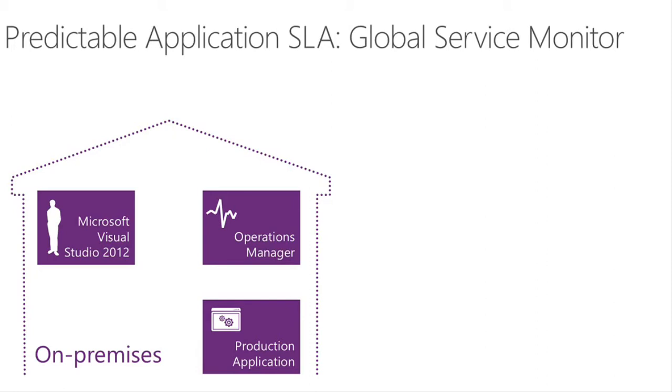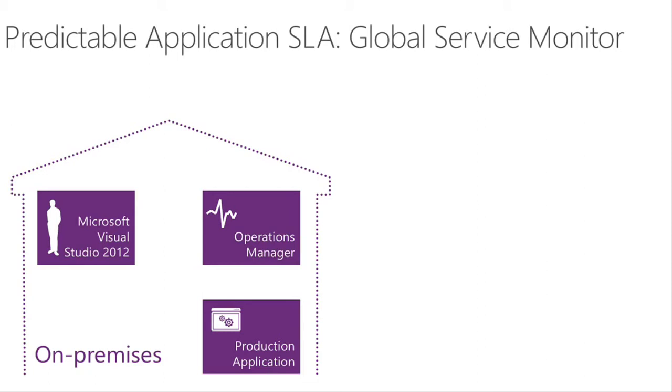The idea here is creating a rich end-to-end scenario from the creation of web tests to external outside-in monitoring, integrating on-premise monitoring and rich developer diagnostics in the case of any detected exceptions. So let's actually have a look at Global Service Monitor here.